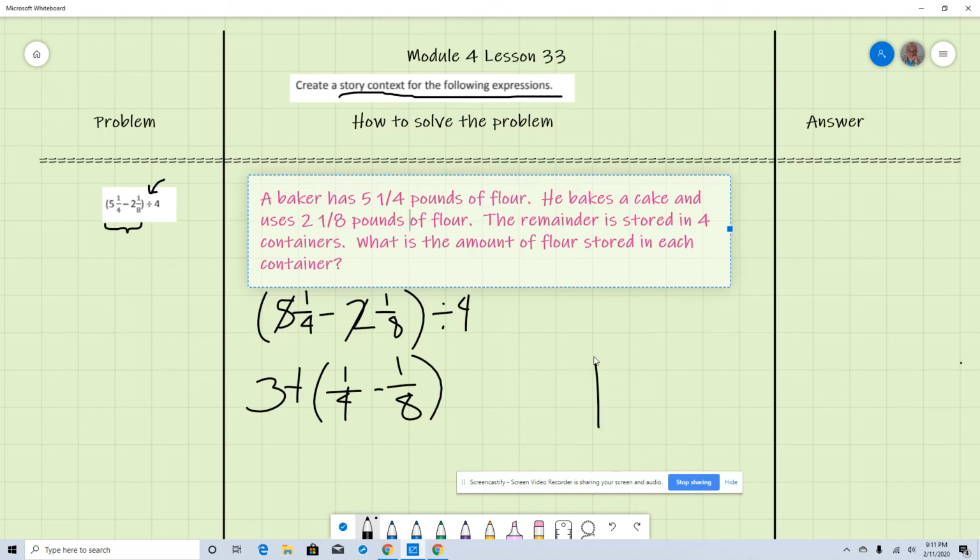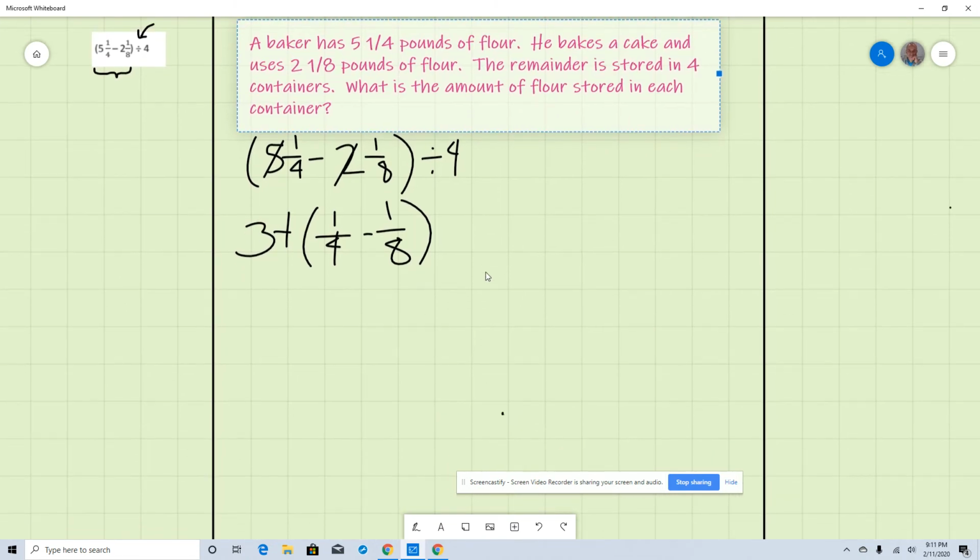And as you can see, there is a discrepancy. The denominators are not the same. For the same reason, we can multiply opposite denominators, but I think the best bet for us to do is make this denominator an 8.